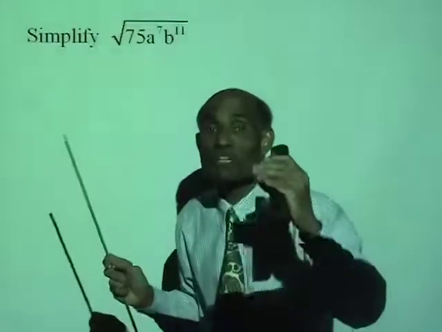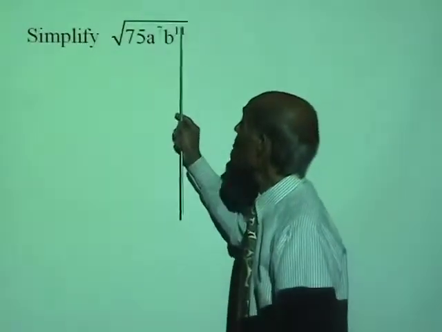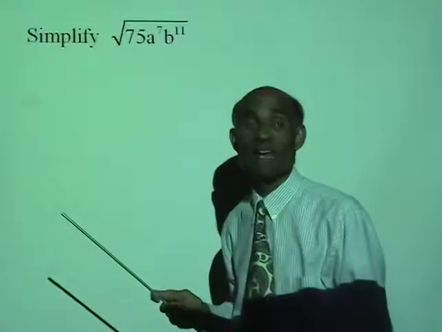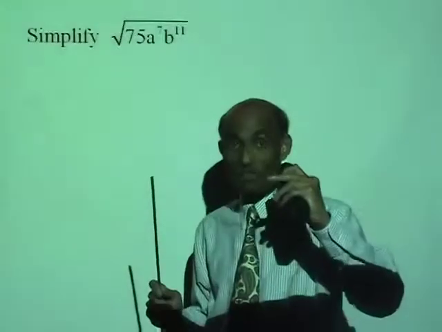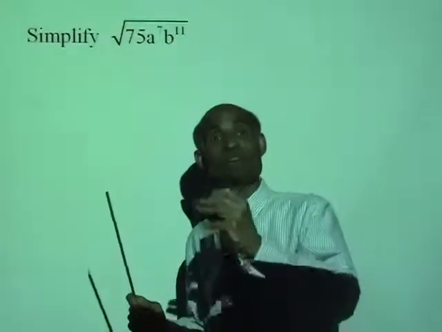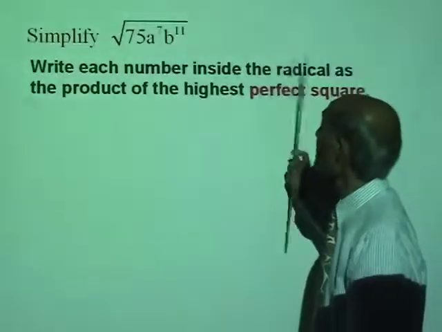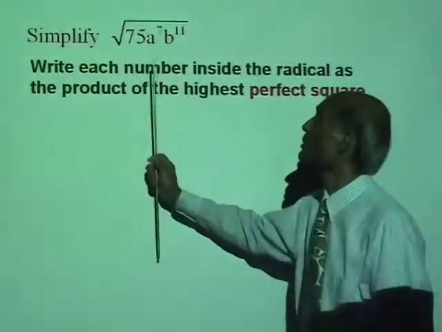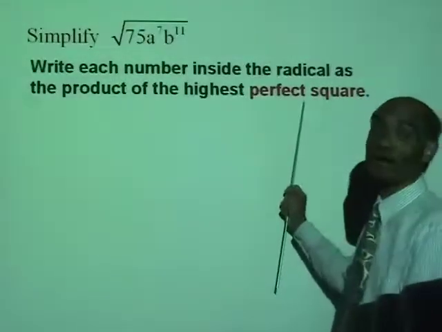A to the power of 6 is a perfect square. Similarly, b to the power of 11 can be written as b to the power of 10, that's a perfect square, times b to the power of 1. Write each number inside the radical as the product of a perfect square.